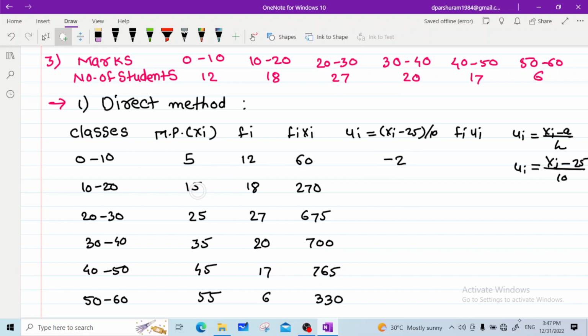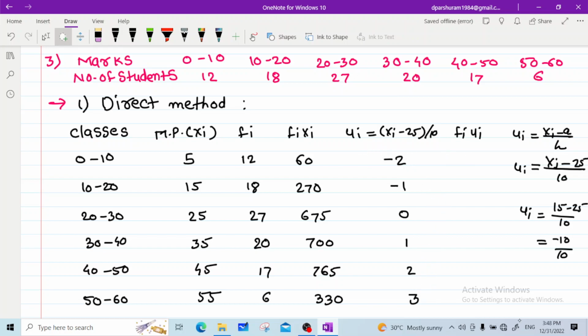Then the value of xi is 15, that is ui is equal to 15 minus 25 divided by 10, which is equal to minus 10 divided by 10, we get the answer minus 1. Same 0, 1, 2 and 3.